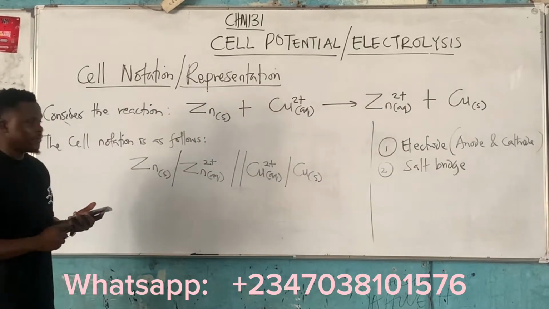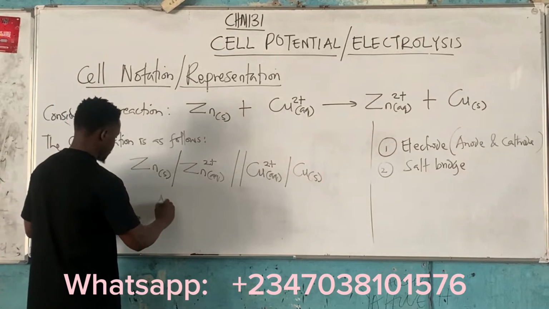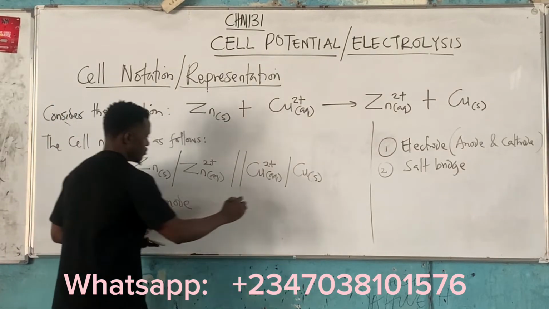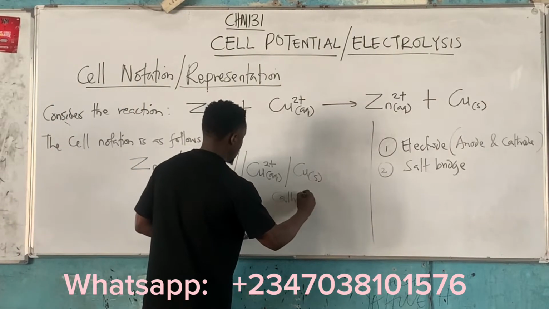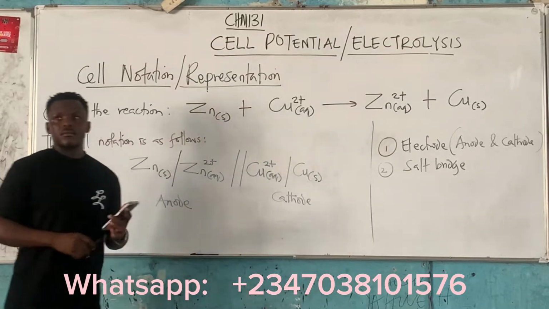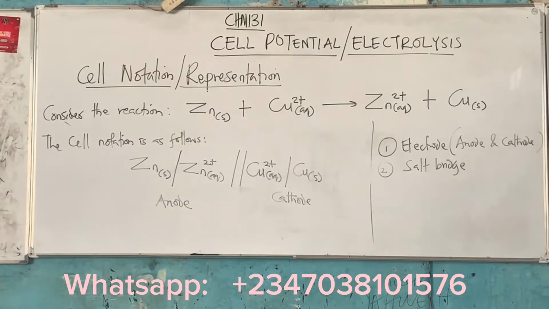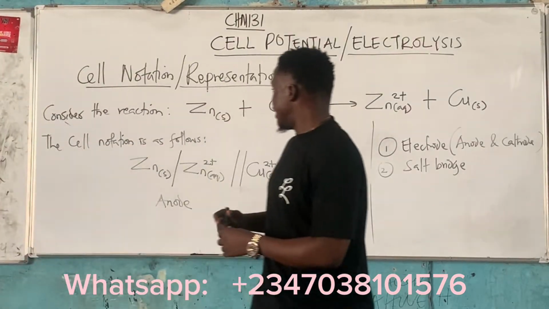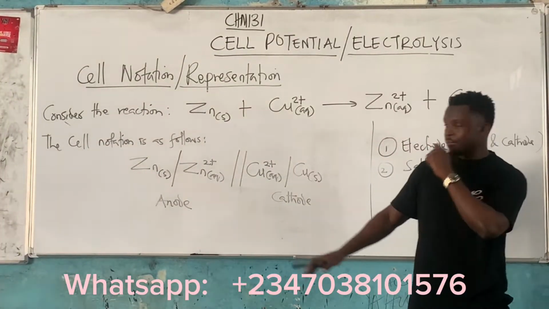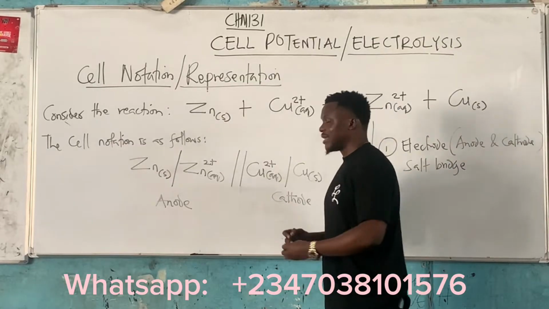Now this is how it looks. Please, in cell notation, the left-hand side is always the anode, while the right-hand side is always the cathode.